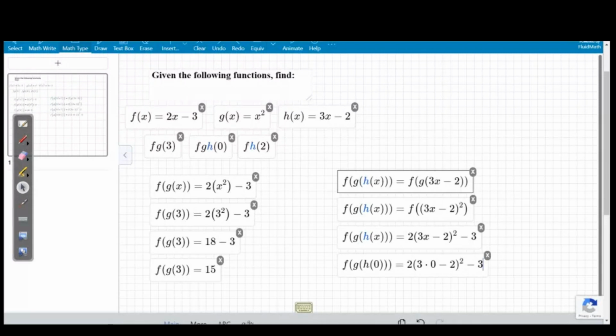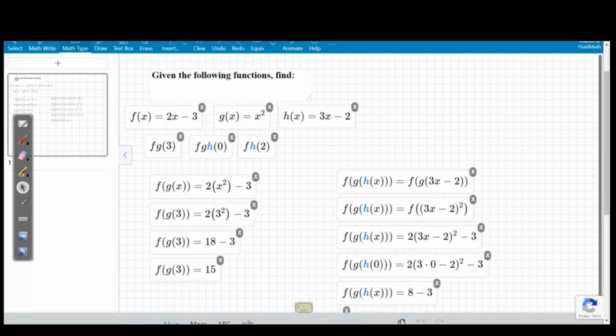Okay. So our f of g of h of x is equal to 3 times 0 gives us 0. 0 minus 2 gives us negative 2. Negative 2 raised to the power 2 gives us positive 4. Positive 4 times 2 gives us 8. So that will be 8 minus 3.